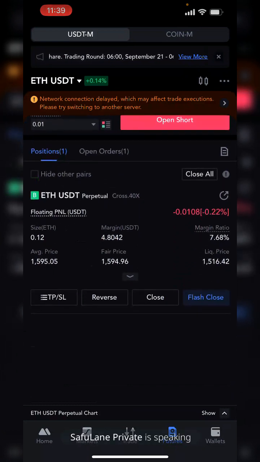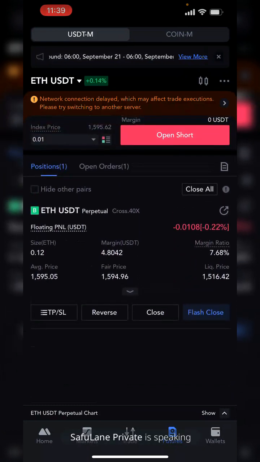This happens when, right now you can see the screen whereby we are seeing minus 0.01 and minus 0.22 percentage. By the time it reaches about 90 something percentage, then I'm about to get liquidated. At that moment, there is no choice rather than to lose all the amounts you used to enter this trade.